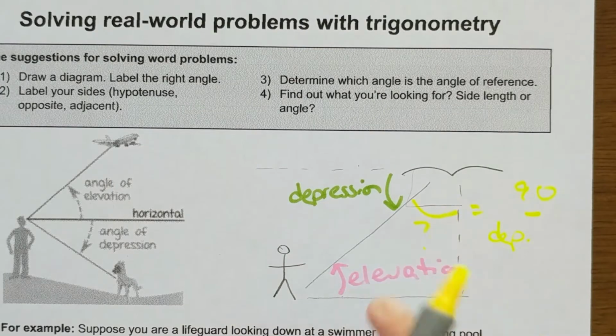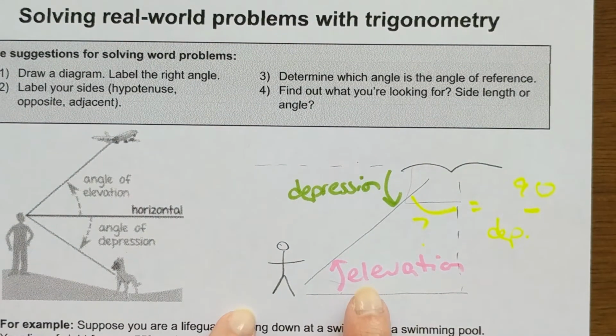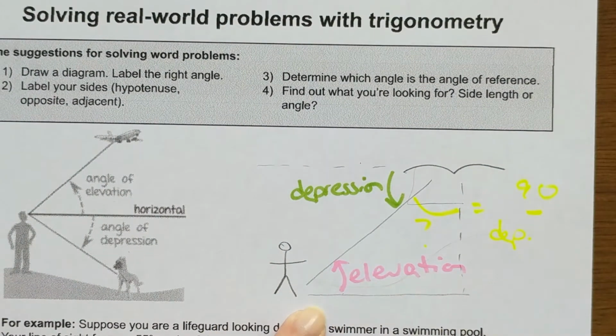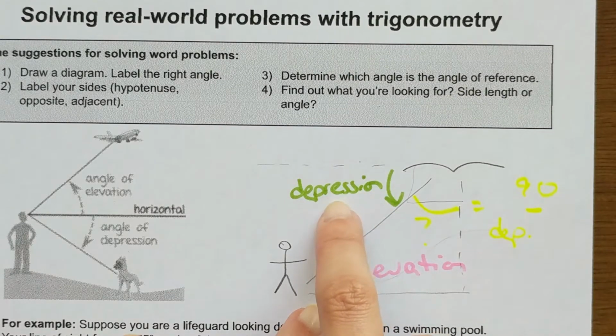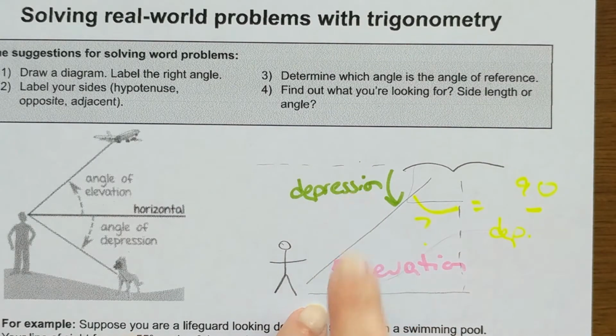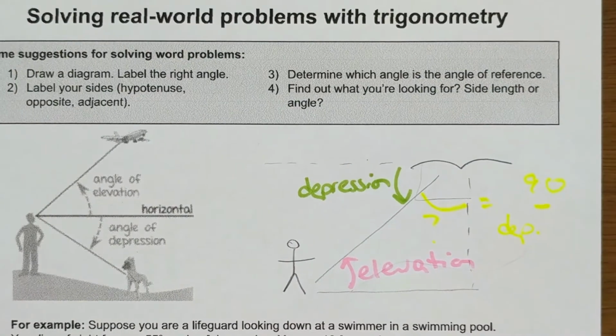Okay? That is how you can convert, or move that information to be inside your triangle. Remember, if we started with the angle of elevation here, it's no problem because it's already inside the triangle. But the problem with the angle of depression is that it was outside of the triangle, and so we needed to find a way to move it in so that it would be inside the triangle. And that's how we do this.